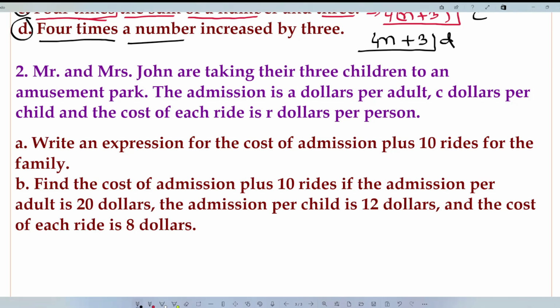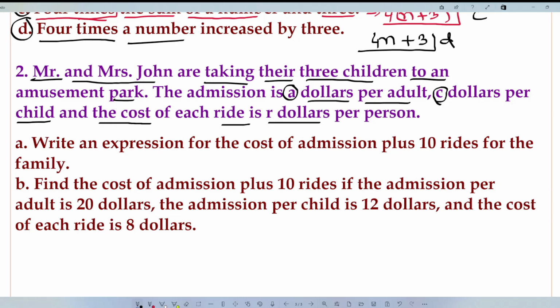Number 2. Mr. and Mrs. John are taking their 3 children to an amusement park. The admission is $A per adult, per person. $C per child, and the cost of each ride is $R per person.